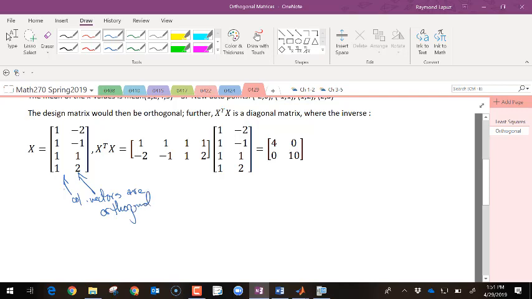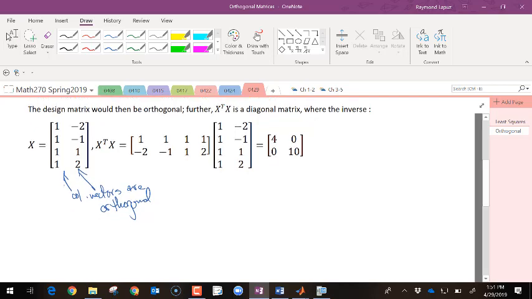They're not necessarily of unit length, although we can do that. And if they are of unit length, then your diagonals will be ones, but they're not. So, to have the mean of the X list turn out to be 0, then it's orthogonal.